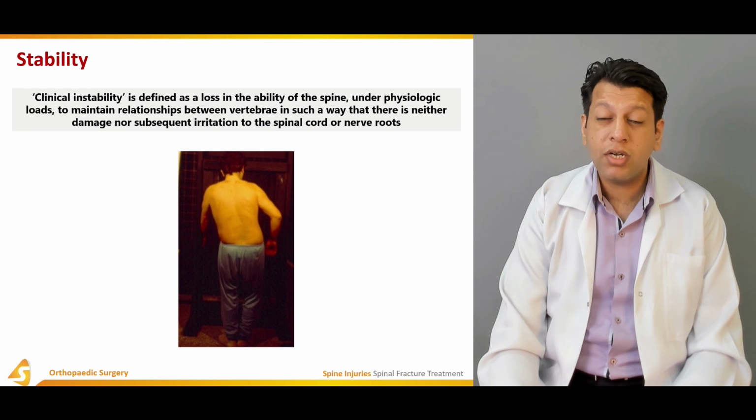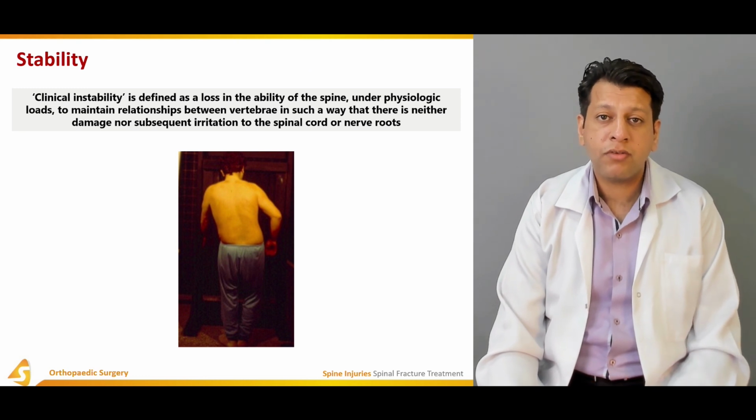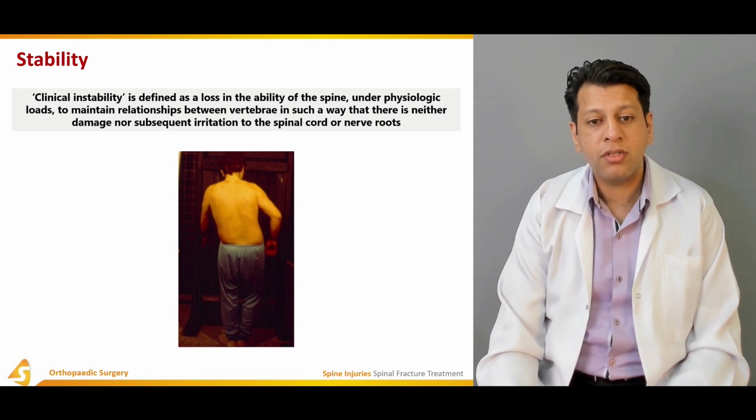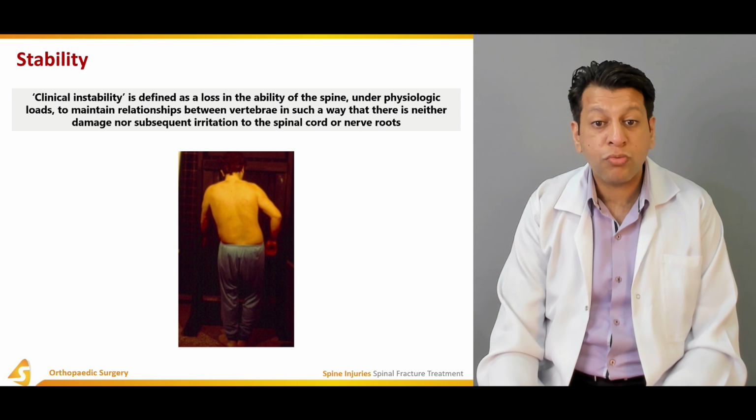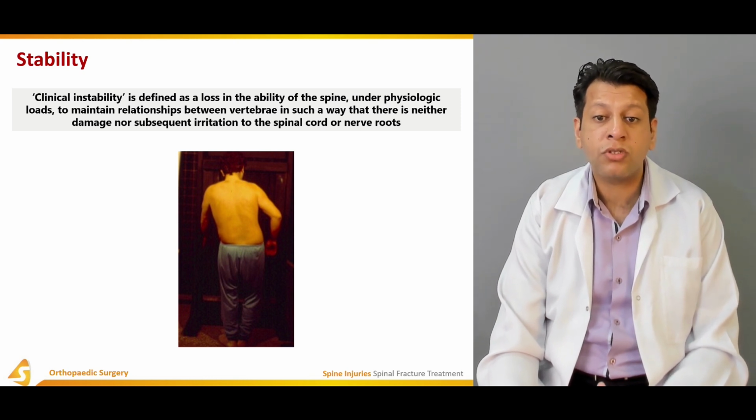Now coming to stability, what you call a fracture being stable or unstable. Clinical instability is defined as the loss in the ability of the spine under physiological loads to maintain relationships between the vertebrae in such a way that there is neither damage nor subsequent irritation to the spinal cord and nerve roots.